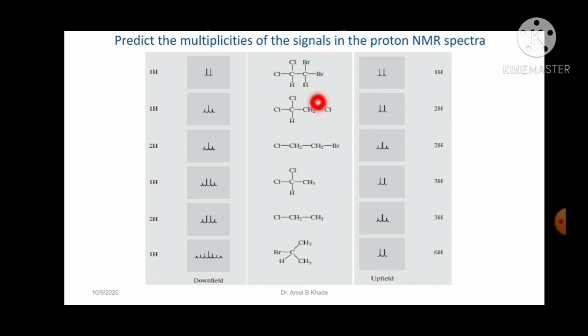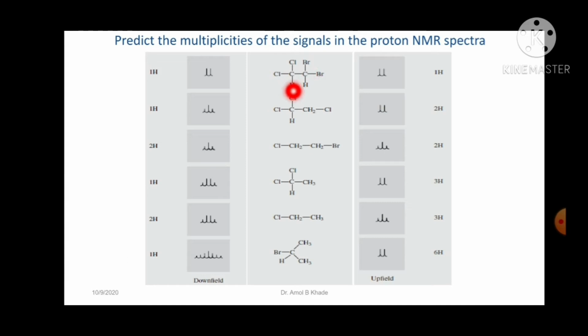When we talk about the multiplicity pattern, for this CH the neighboring carbon obviously has one proton, so this CH connected to the 2 chlorines will split into a doublet. Similarly, this CH connected to the bromines will again split into a doublet, because the neighboring carbon has one proton. When we talk about the chemical shift values of these two protons, because chlorine is more electronegative, it will withdraw electrons from this hydrogen through this carbon very effectively compared to bromine.